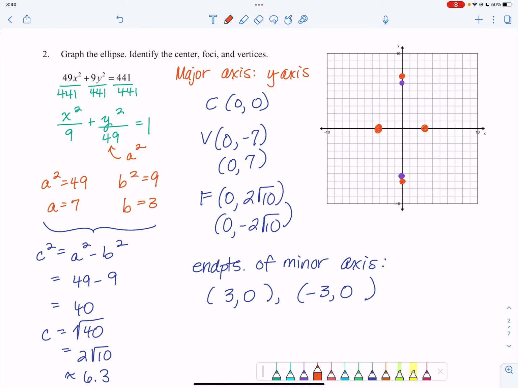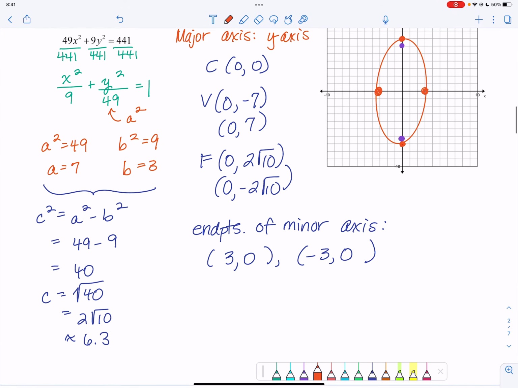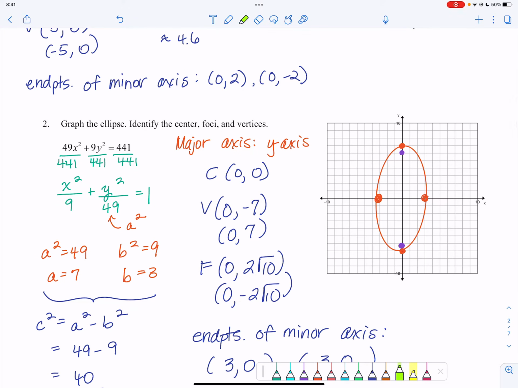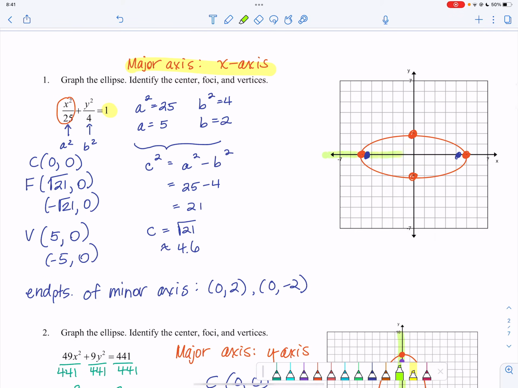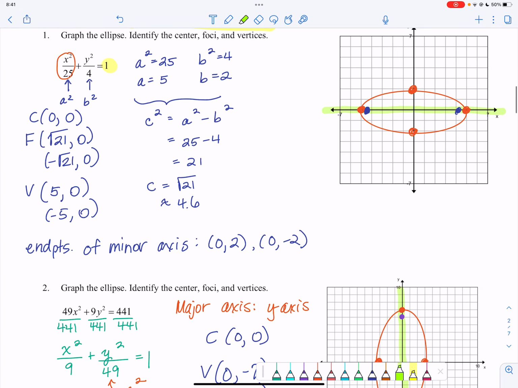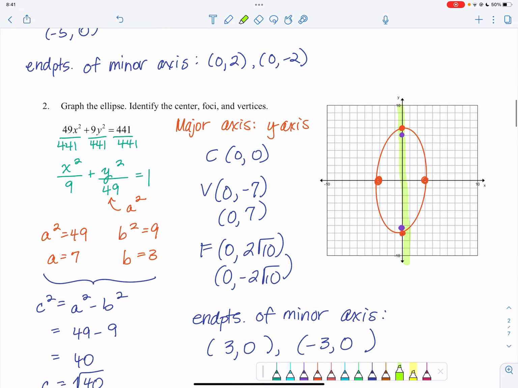And then we should be able to go ahead and graph our ellipse. Here we go. Okay. So this time we saw the major axis as the y-axis, and in our first example we had the major axis as the x-axis.